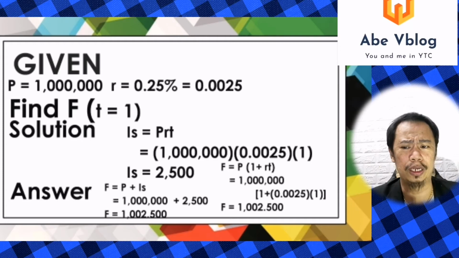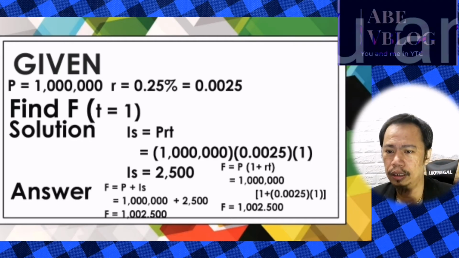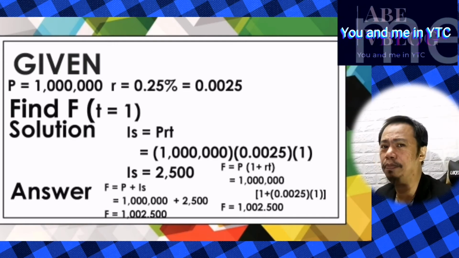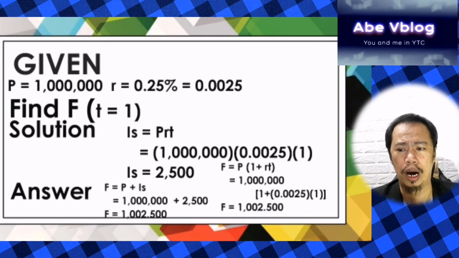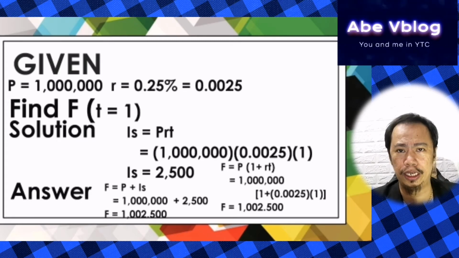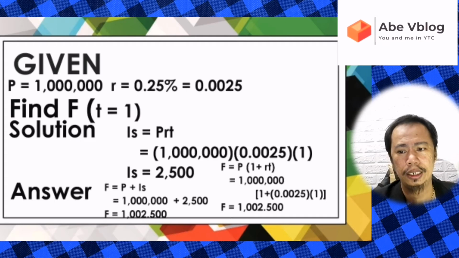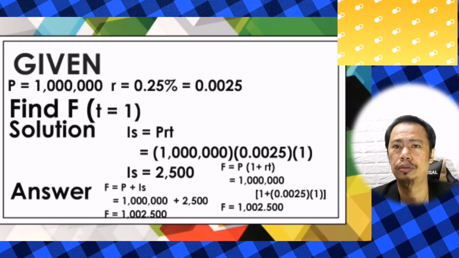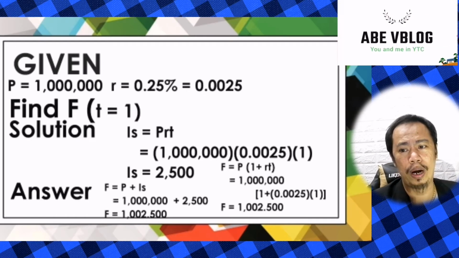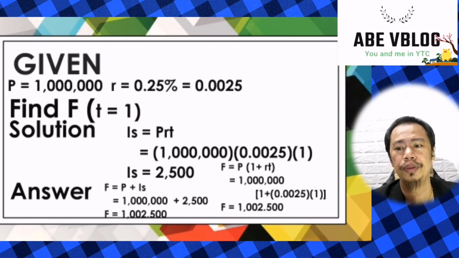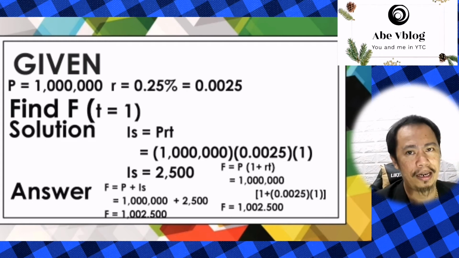Okay? So there's also another formula here. F is equal to P multiplied by 1 plus RT. So we substitute the given value 1 million for the P. And then we have 1 plus 0.0025 multiplied by 1. So we got 2,500 also, plus the 1 million, that is still 1,002,500.